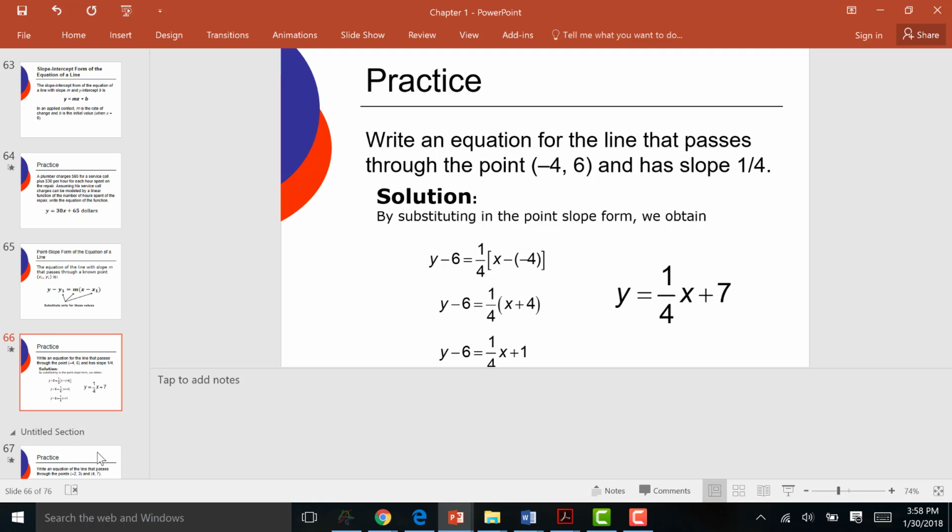Next step, let's now distribute, which says multiply 1/4 times everything in the parentheses. So I brought down y minus 6 again. 1/4 times x, is that just 1/4 x? Yes. What's 1/4 times 4? Okay, can you see this?